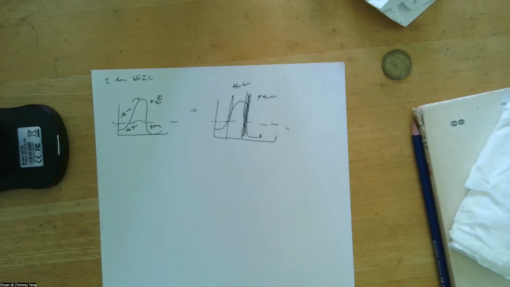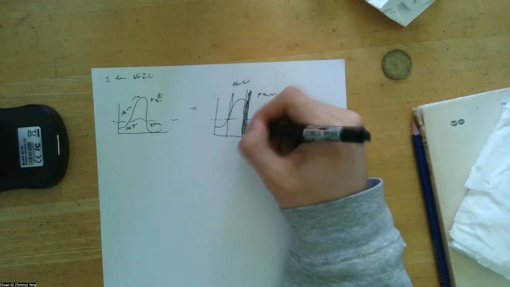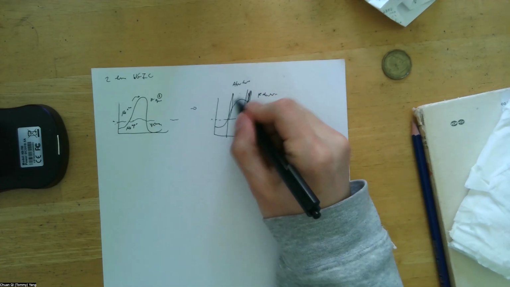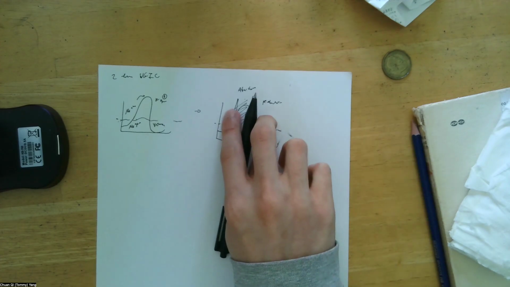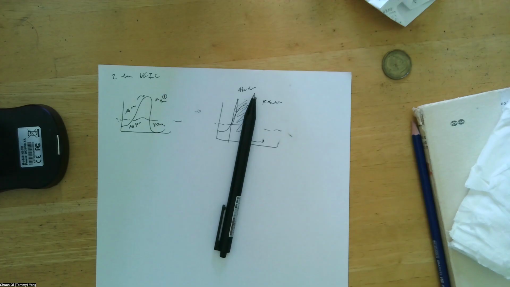It's because during the absolute refractory period, the Na channels will be closed, whereas in the relative refractory period, there's a time when they are open.